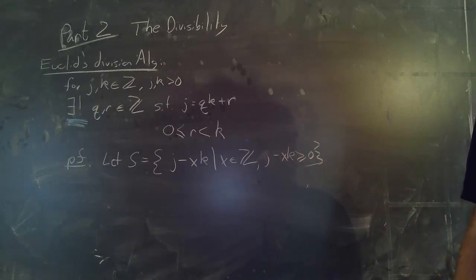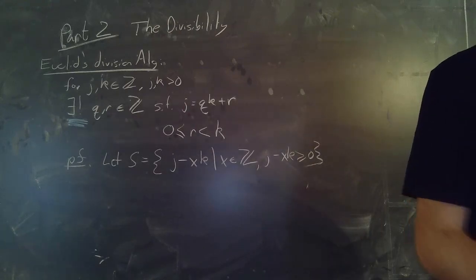So of course we have that part of our condition at this time. It's also pretty easy to see that if r were greater than or equal to k, then S would contain the element r minus k, which is less than r, because of the following fact.